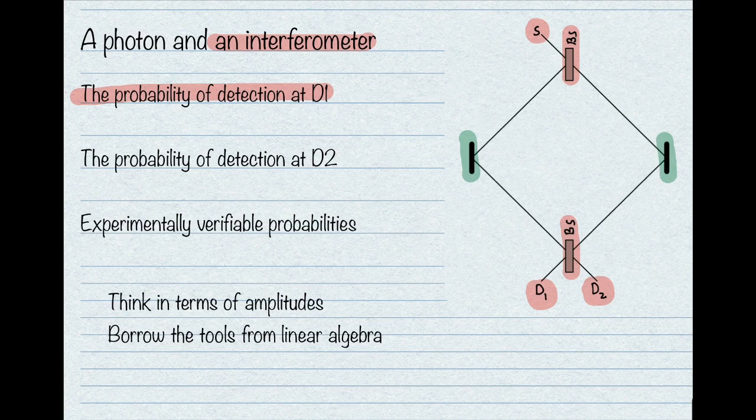Remember that both these beam splitters have R square probability of reflecting the photon and T square probability of letting it pass through. So the photon coming from the source has R square probability of reflection over here and another R square probability of the second reflection at this second beam splitter. The probability that the photon goes through these two reflections is R raised to power 4.